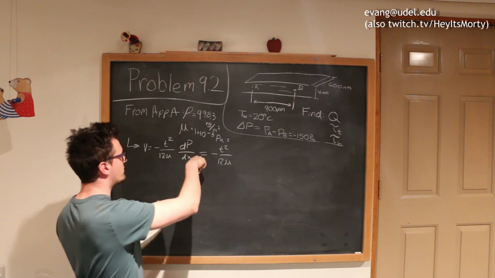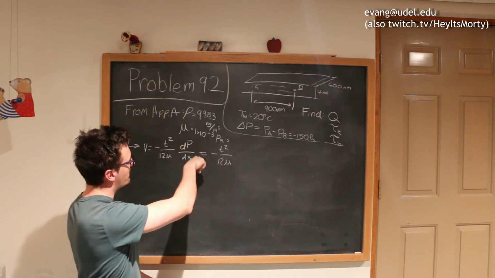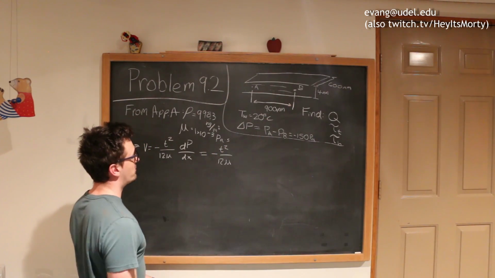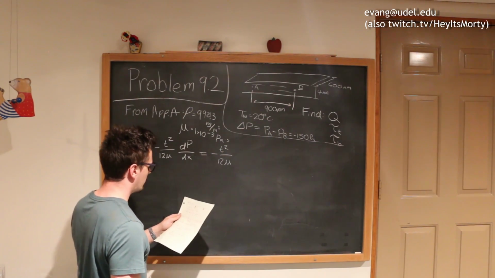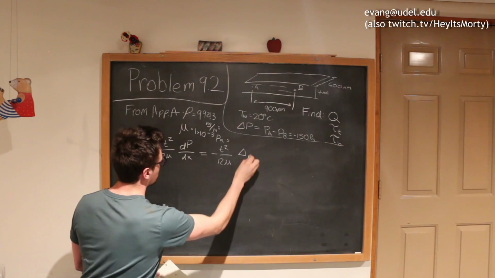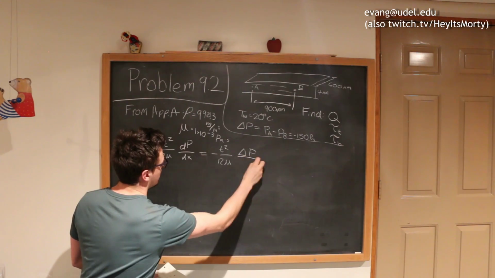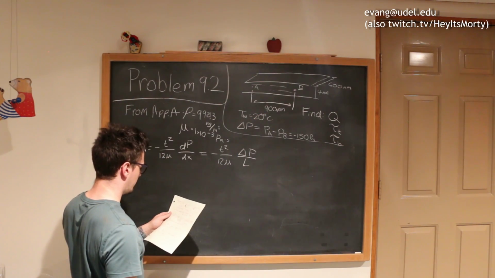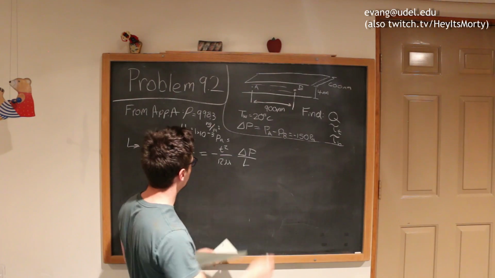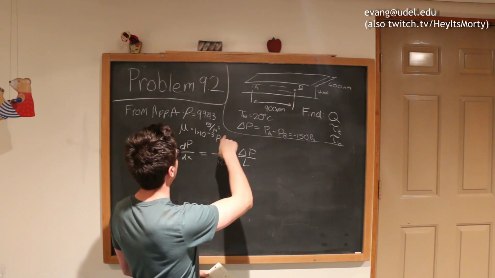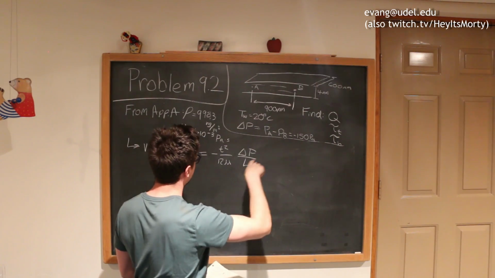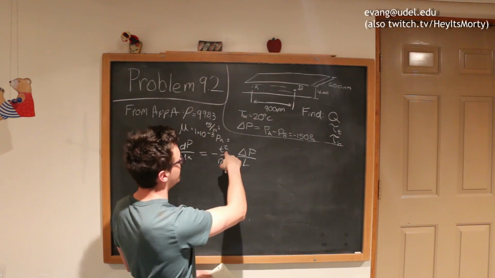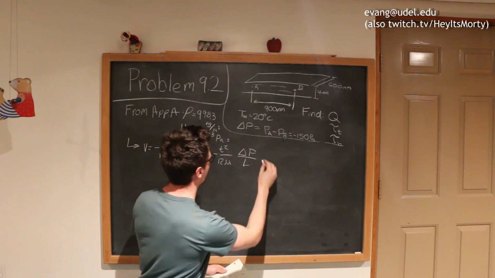Since we can assume that P will differ linearly from point A to B, dP dx is equal to delta P over L. You plug in the numbers: delta P is negative 150 pascals, L is 0.9 meters, you have your mu, and t is 0.004 meters.